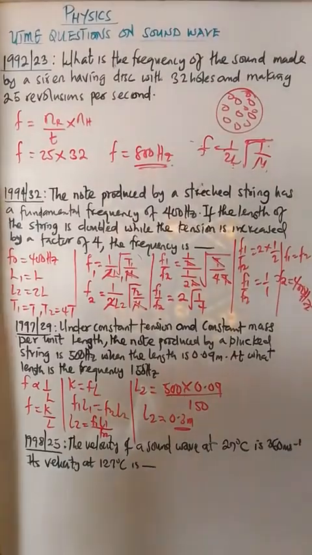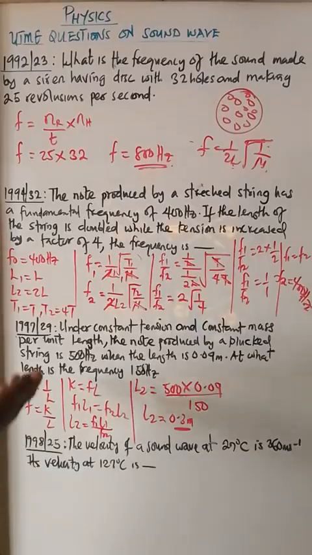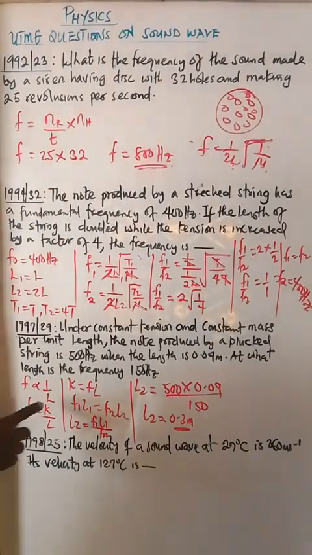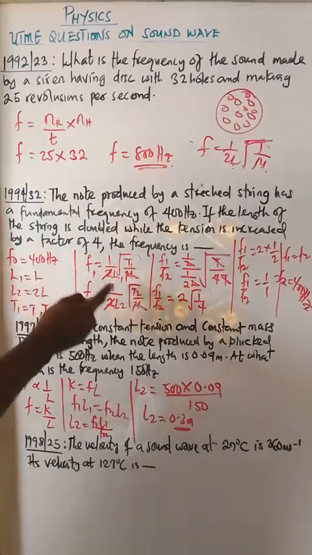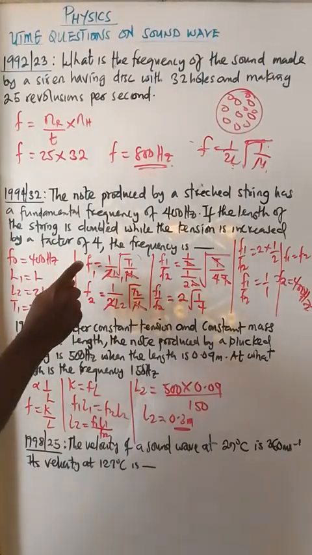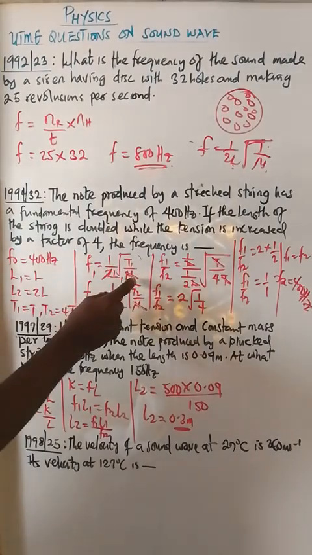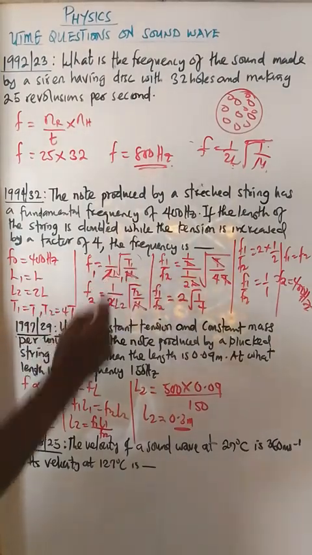So one of the topics you have to master in mathematics in order not to have issues in physics is variation. As we are doing here, we use variation all this while. So how do we get this relation? It is from the formula, as you can see. Frequency and length are inversely related. Frequency is proportional to the square root of tension. Frequency is inversely proportional to the square root of mass per unit length.